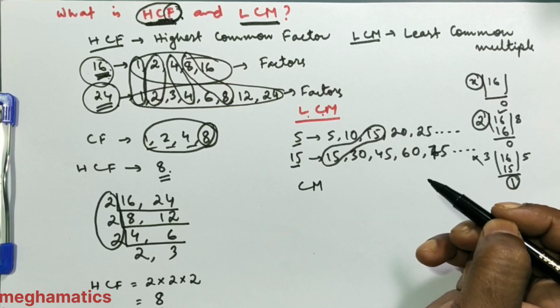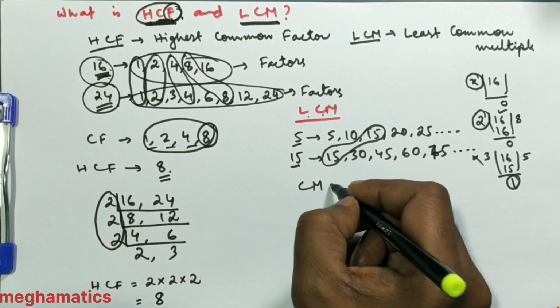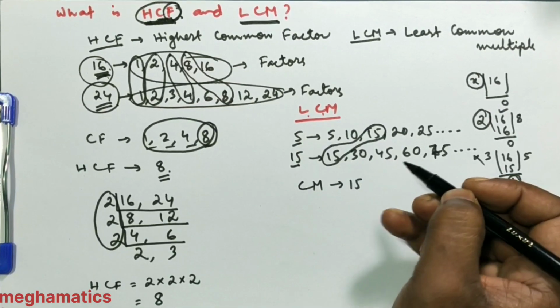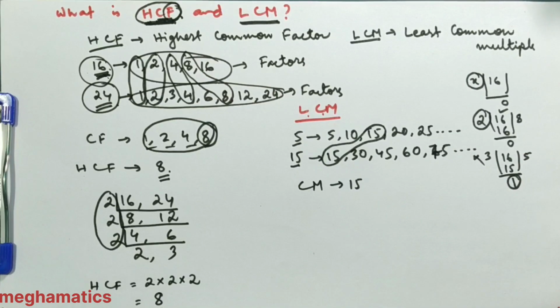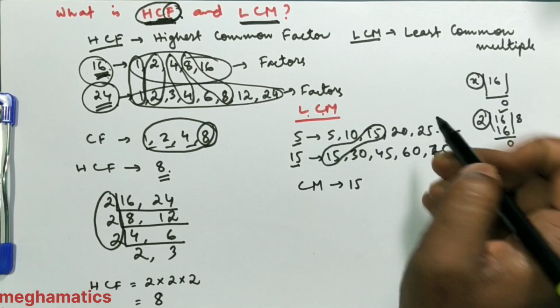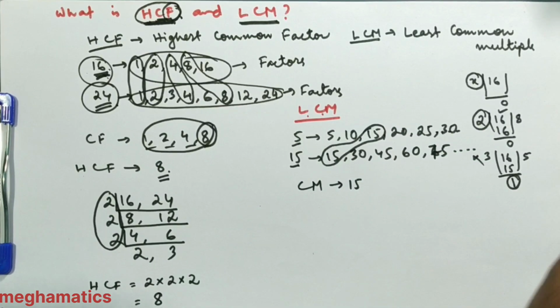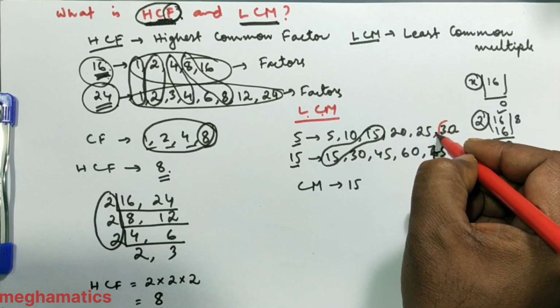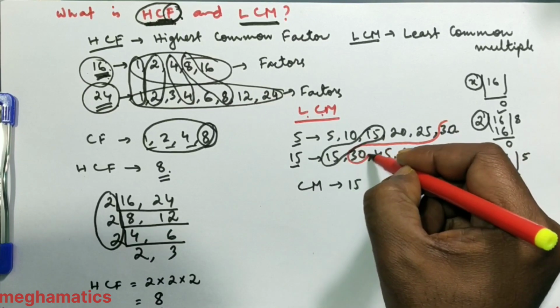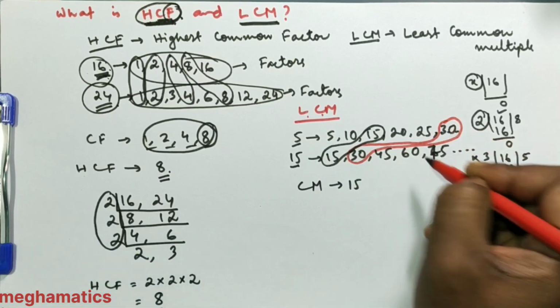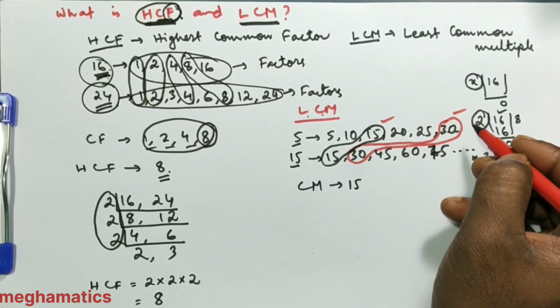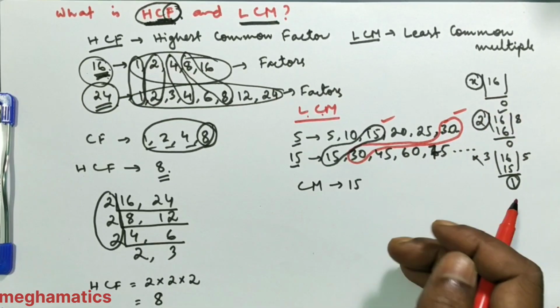So that is the common multiple. Then if we go further, after 25, there will be 30. So 30 is also a common multiple. Then again there will be some more common multiples.